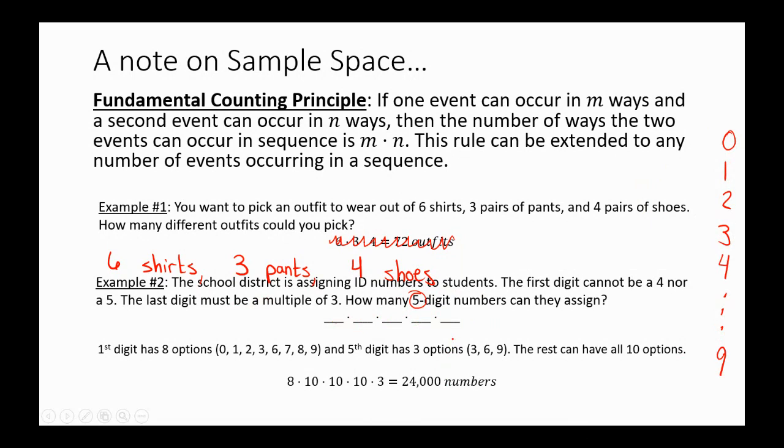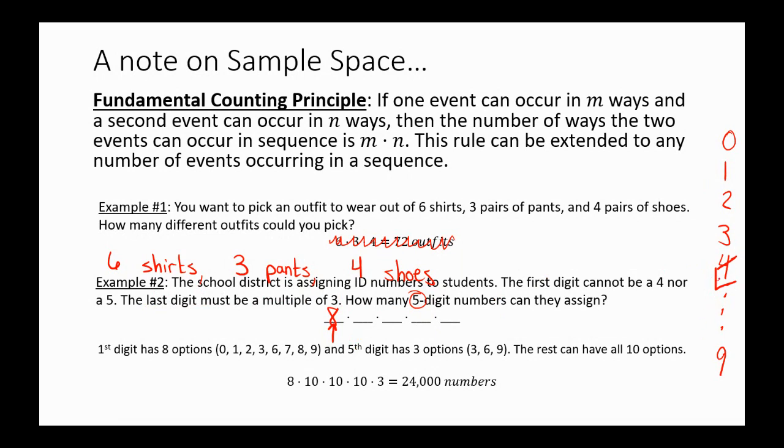Now you can go back and see what conditions it gets. So it says for our first digit, that one right there, we cannot be a 4 or a 5. So how many options am I left with? If I can't be a 4 or a 5, how many options does that leave me with from our list here? 8. Okay. The other condition, the last digit must be a multiple of 3.